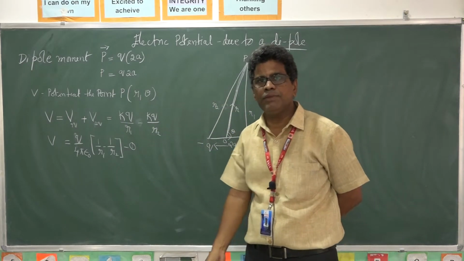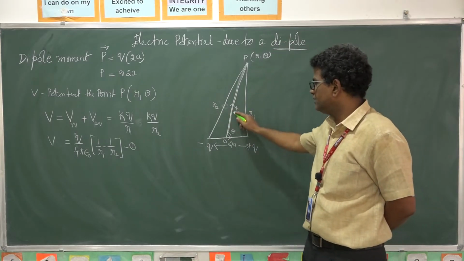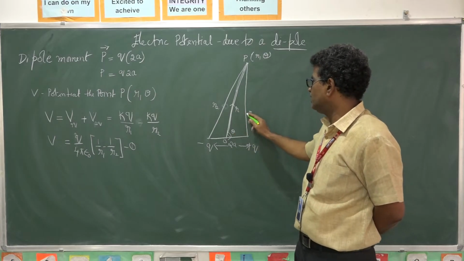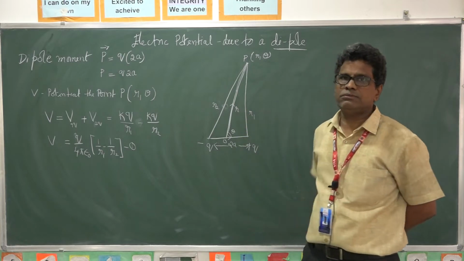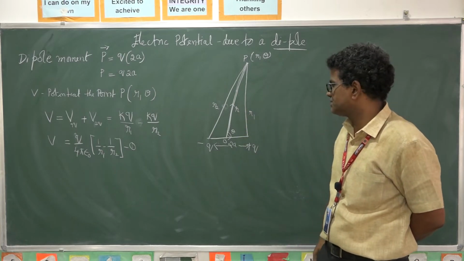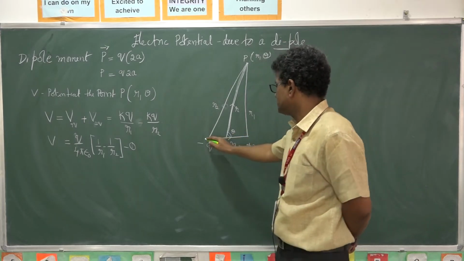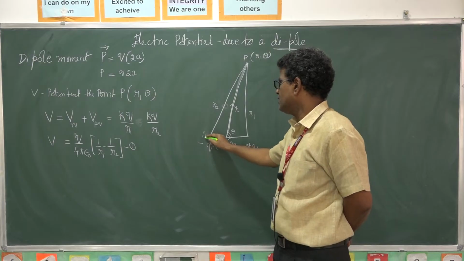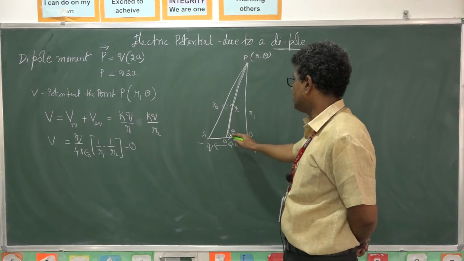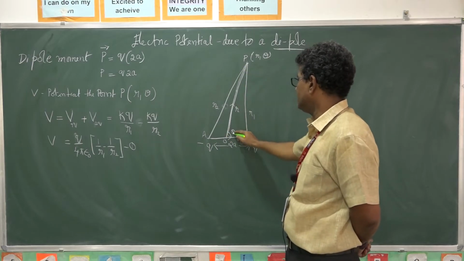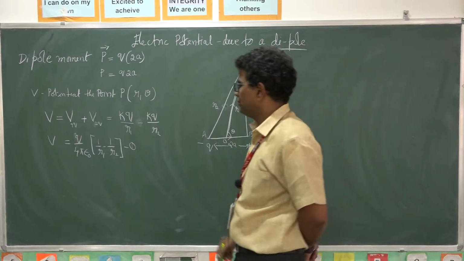Suppose in the problem r1 and r2 are unknowns, and r and theta are the known quantities. Then you convert r1 and r2 in terms of r and theta. How do you convert this? By using mathematics. You see there are triangles here, let the charges be A and B. Take triangle POB, having the angle POB equal to theta.